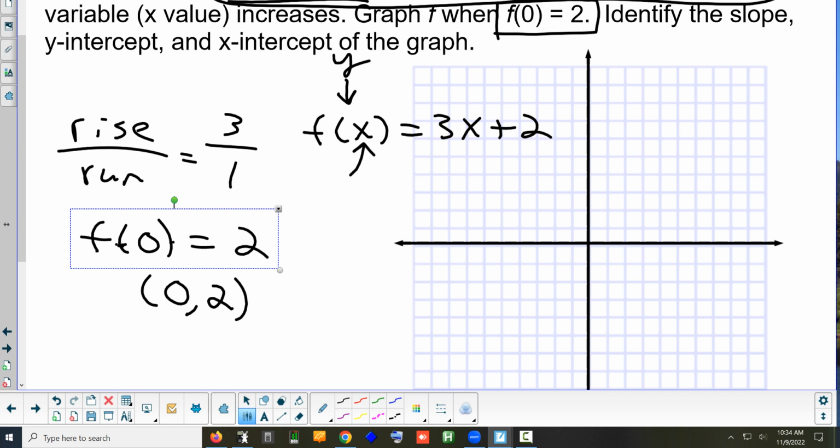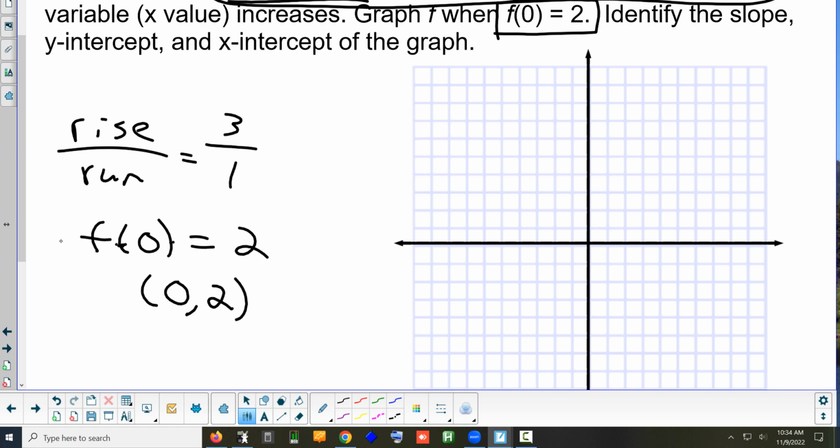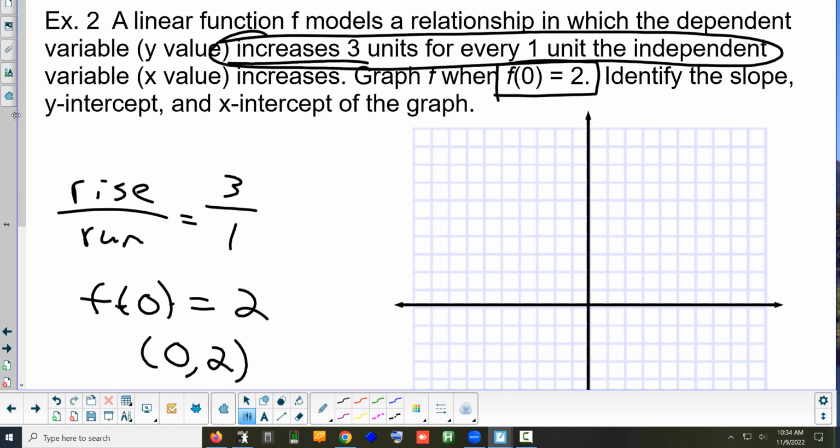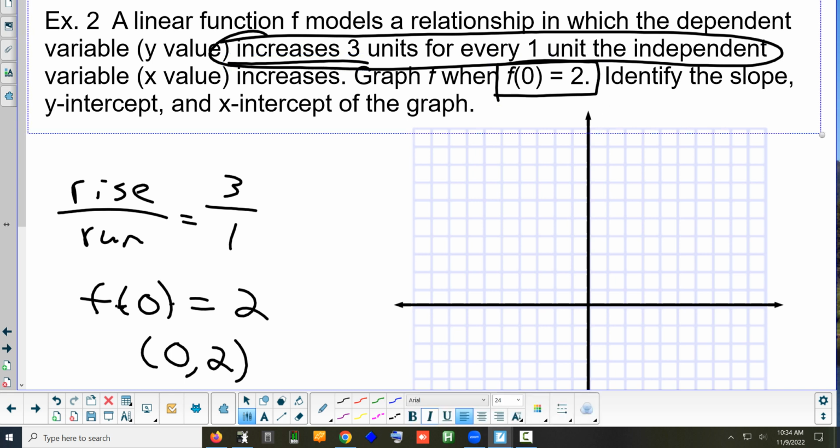How did they get this y value? Well, we don't know. They just gave it to us. We don't actually have a formula in this problem. All they're doing is telling me the slope, and then they're telling me the y-intercept. That's what those two pieces of information are.